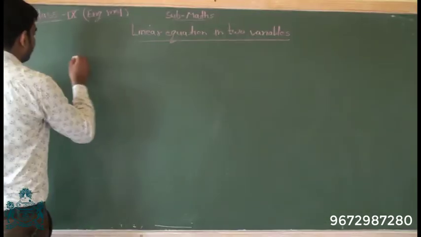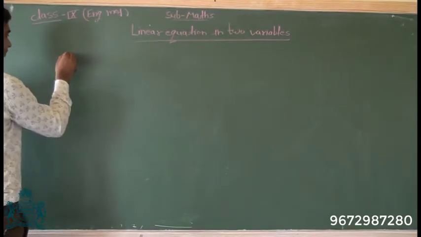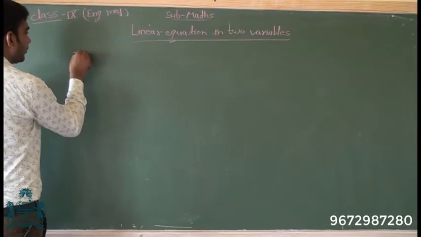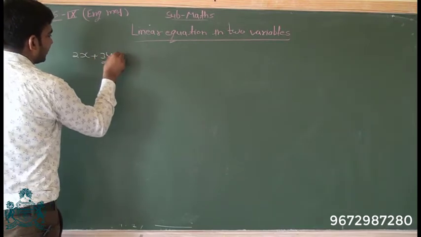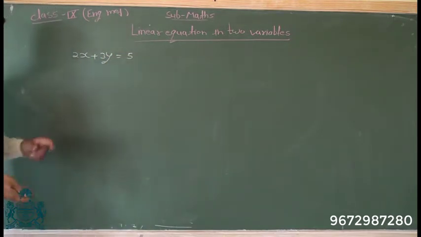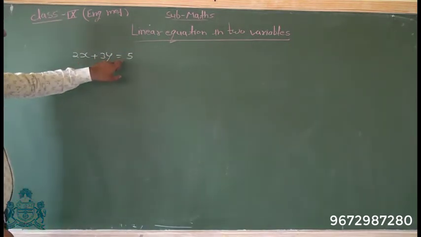First, the linear equation in two variables given is 2x plus 3y equal to 5.